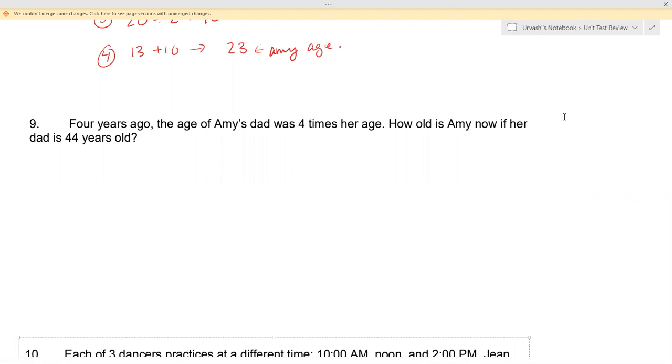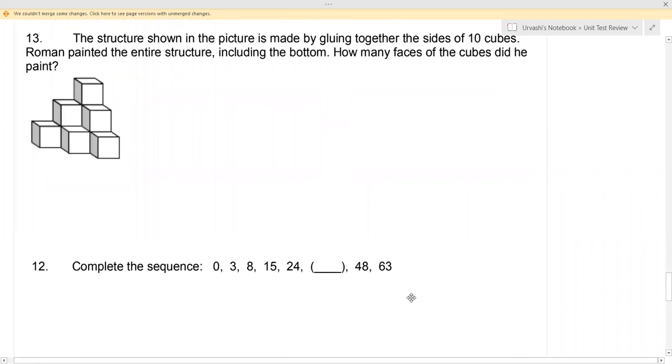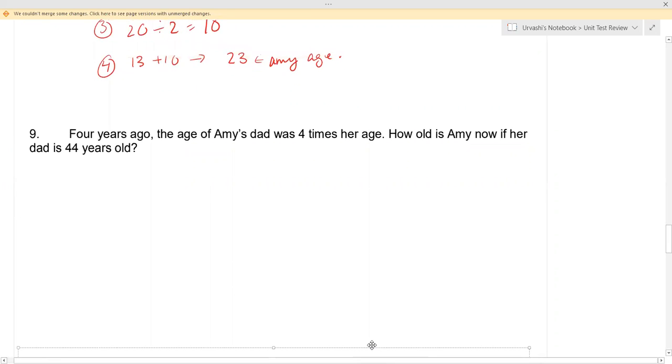Will, you want to go ahead and try this? Four years ago, the age of Amy's dad was 4 times her age. How old is Amy now if her dad is 44 years old?